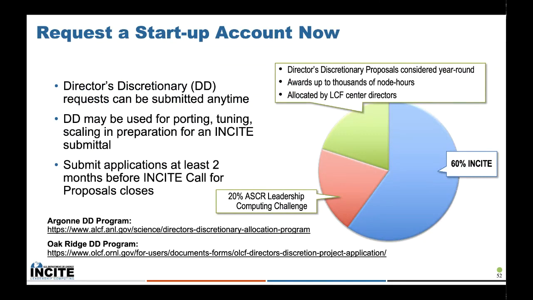So you may request DD, short for director's discretionary. You can request DD any time during the year, and we actually encourage users to submit DD at least 2 months before the INCITE call for proposals closes.